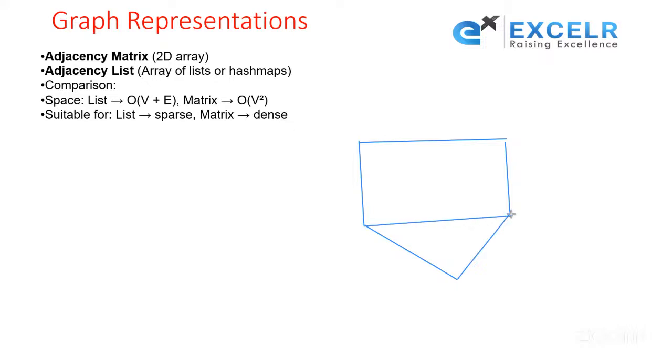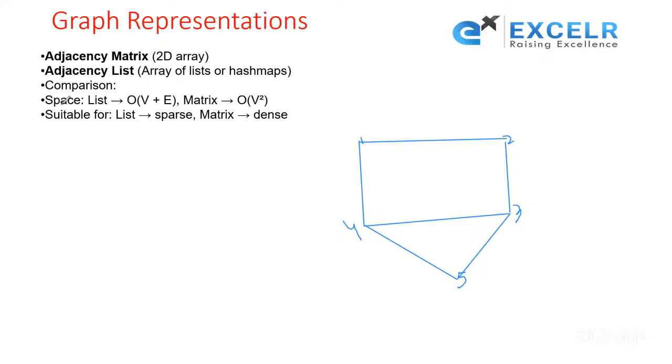There is an edge from here to here. Let us consider this as vertex 1, vertex 2, vertex 3, vertex 4, and vertex 5. This is an undirected graph, or you can draw a directed graph.